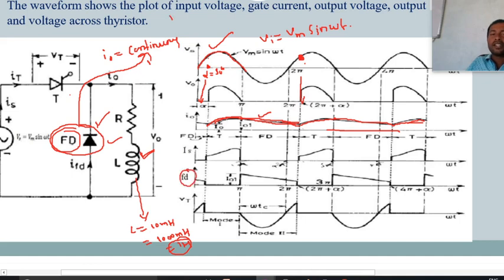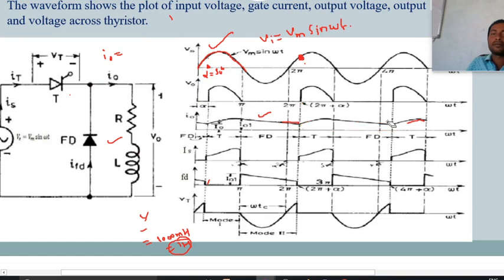Now the freewheeling diode current. Up to here there is no current. While the inductor is charging, there is no current in the freewheeling diode.